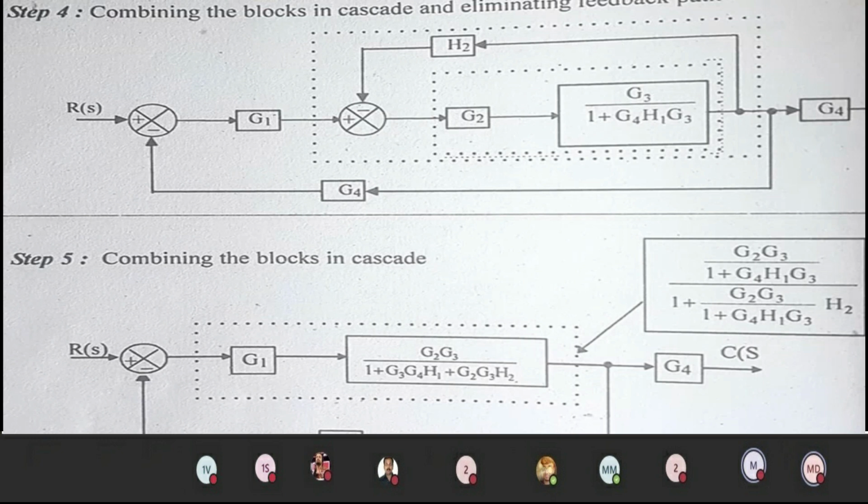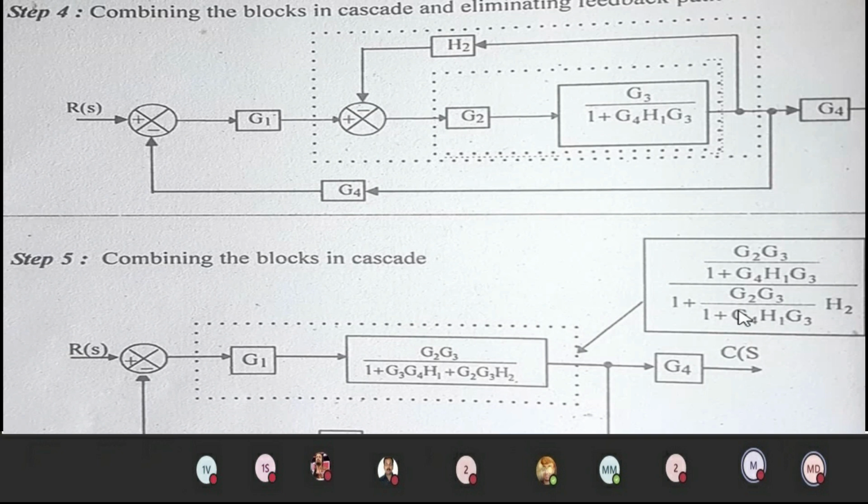And you have a feedback path with the feedback block H2 that is negative. So eliminating that is very simple. Instead of G, you have G2, G3 divided by 1 plus G3, G4, H1. And instead of H, you have only H2. So after eliminating all this, it is further simplified with only 4 blocks.